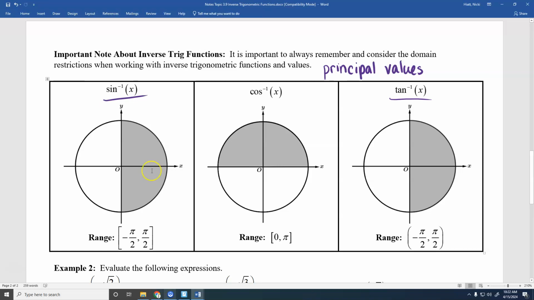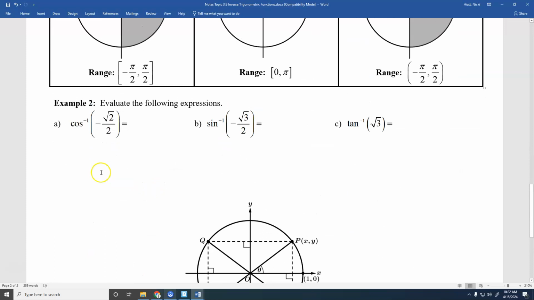Okay, so let's look at what your questions are going to look like for this. One thing it's going to do is ask you to evaluate expressions, like inverse cosine of negative square root of 2 over 2. So what this means is, where does cosine of x equal negative square root of 2 over 2?